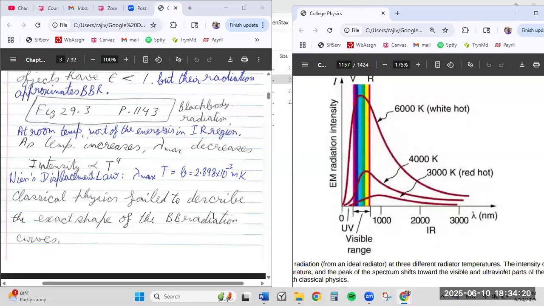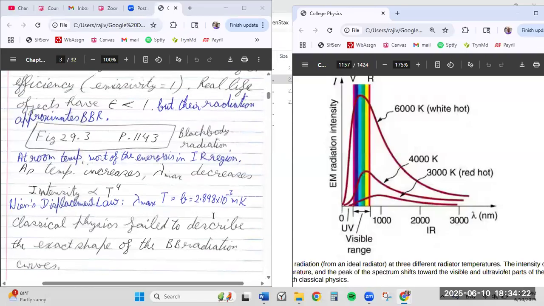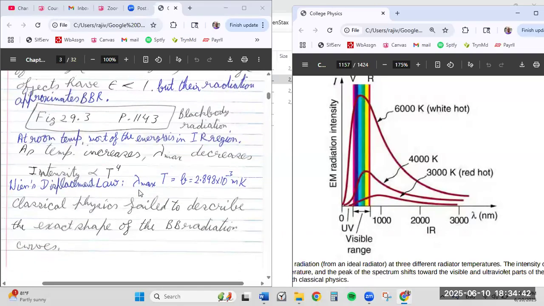The intensity of the radiation that's emitted is directly proportional to the fourth power of the temperature in Kelvin. So if you double the temperature, the intensity would increase 16 times.